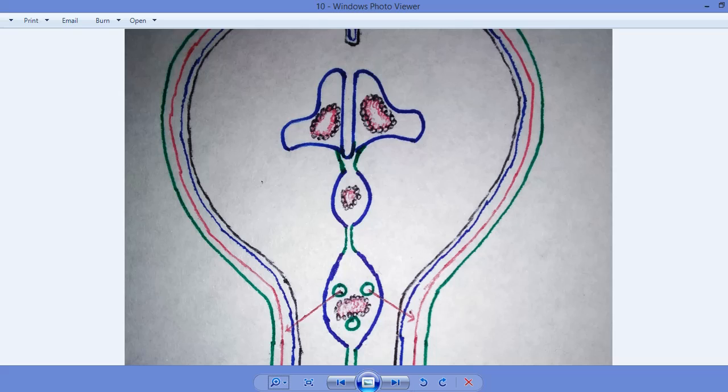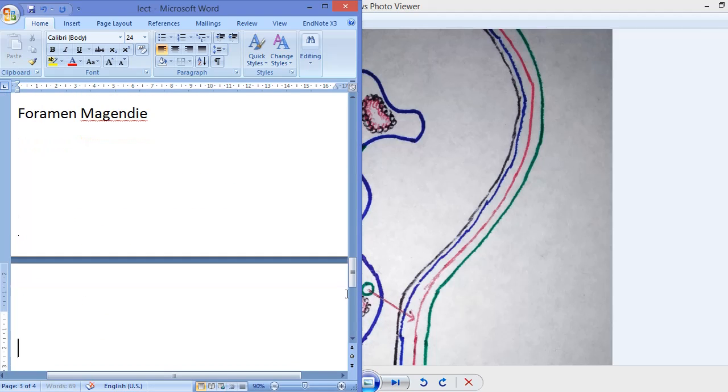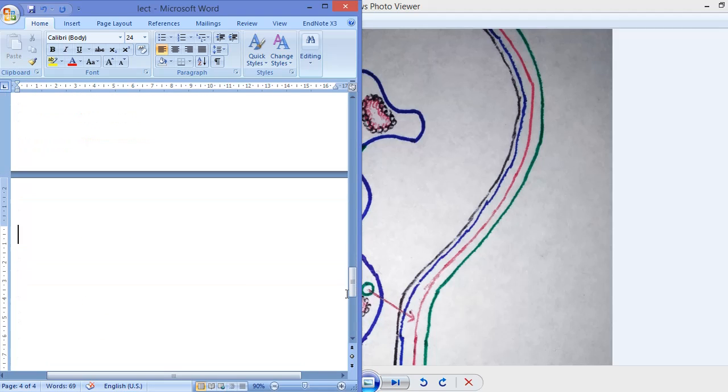I'm going to write the name: choroid plexus.